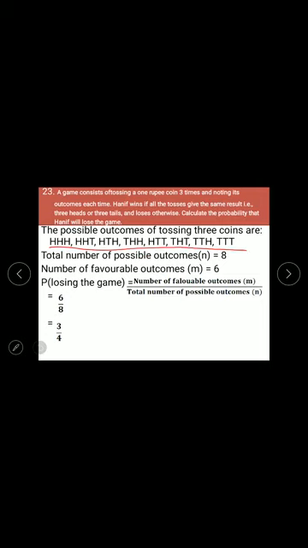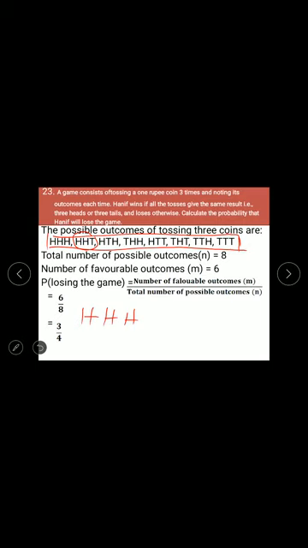We can get heads all 3 times, or the first 2 times we can get head and the third time tail. First time head, second time tail, and third time head. These are the possible outcomes we can get when you toss a coin 3 times, or when 3 coins are tossed together.